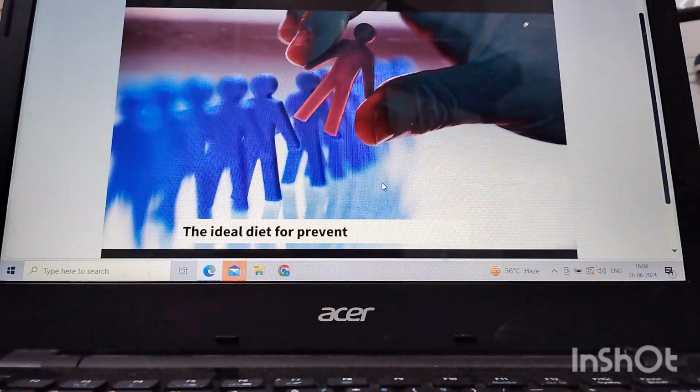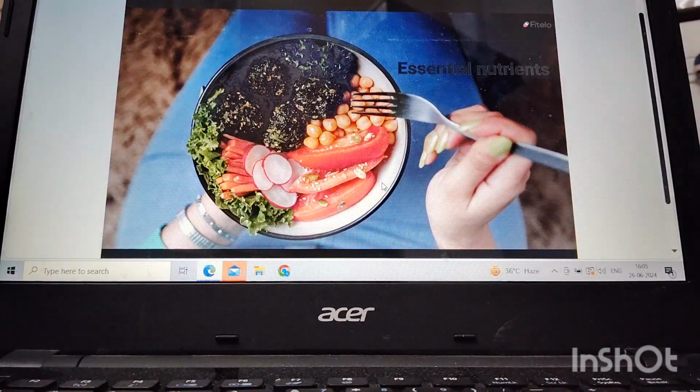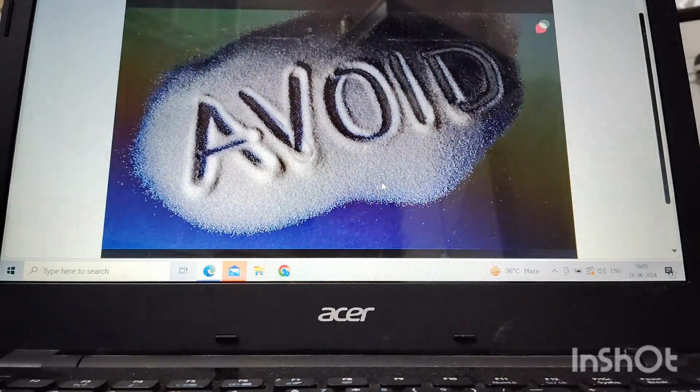The ideal diet for preventing kidney stones centers around maintaining a balanced intake of essential nutrients while strategically avoiding certain foods.